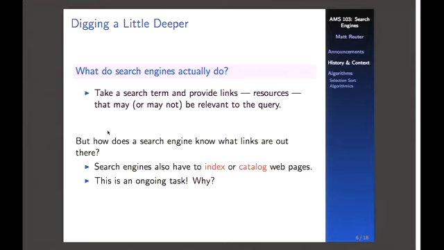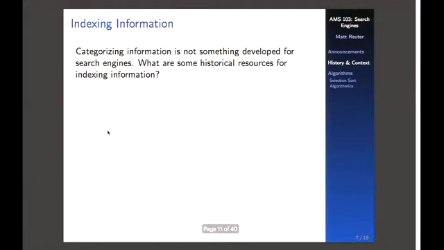No. So we've got to somehow get these search engines to keep going and updating what's out there because the web is constantly changing. Also, is the internet big or small? It's big. Okay. So this is going to be sort of an ongoing effort.